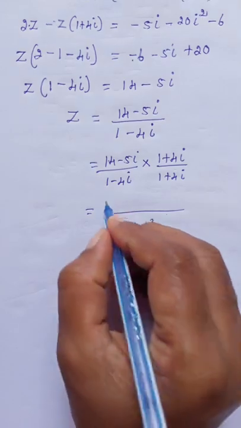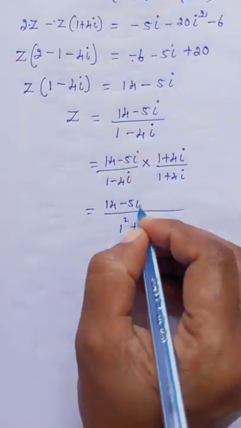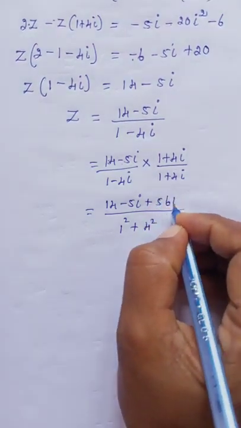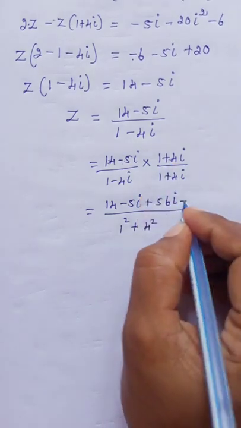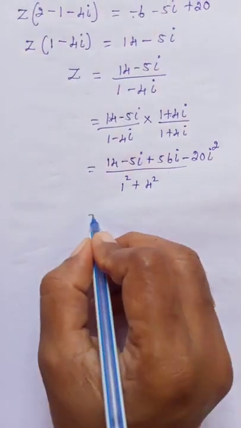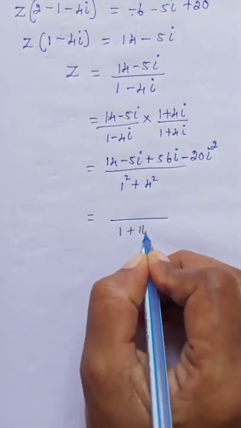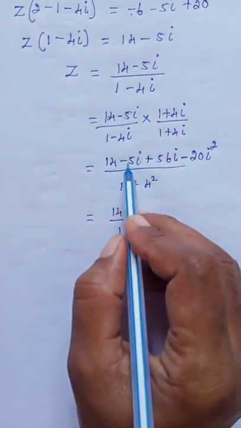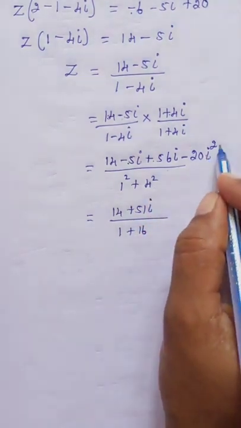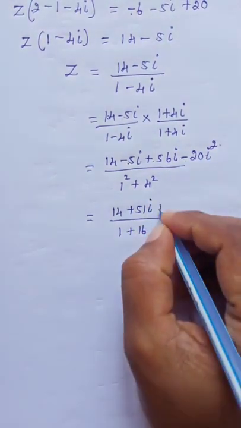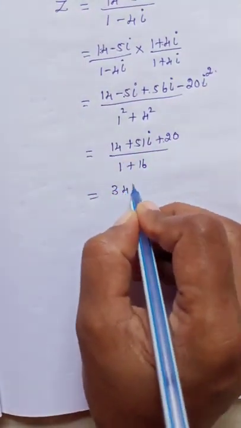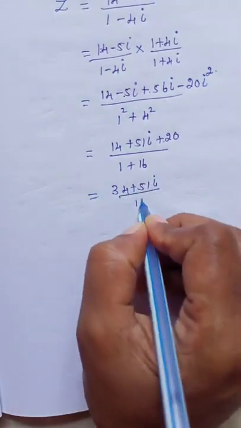In the numerator we multiply 14 into 1 is 14, minus 5i, plus 14 into 4 that is 56i, minus into plus minus 5 into 4 is 20 i square. Now the denominator is 1 plus 16, the numerator 14 minus 5i plus 56i, that is plus 51i. i square, the value is minus 1, so it will become plus 20. So 20 plus 14 is 34 plus 51i divided by 17.